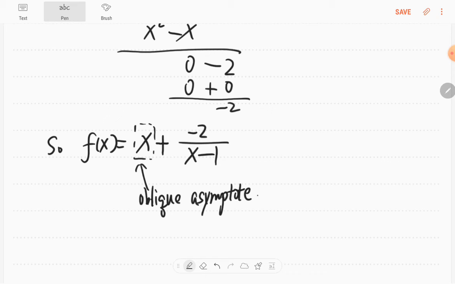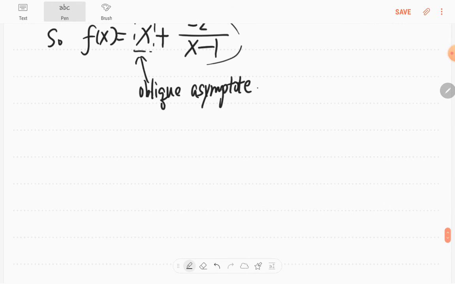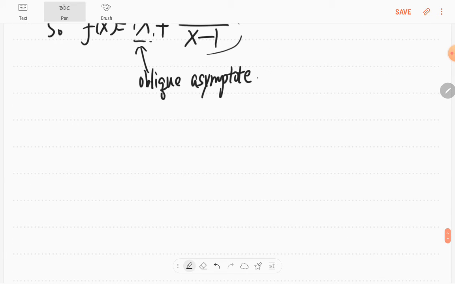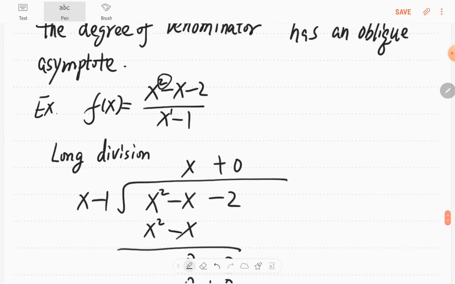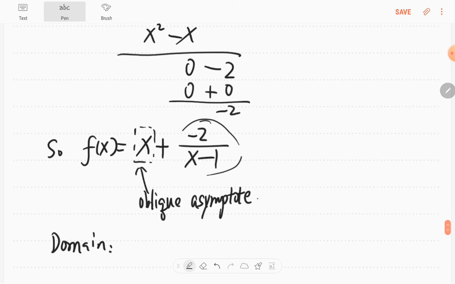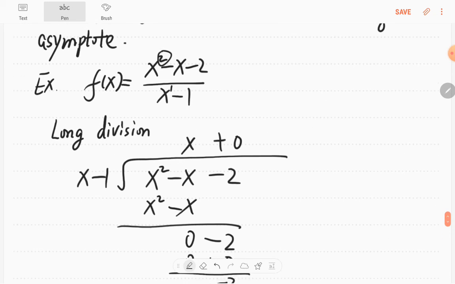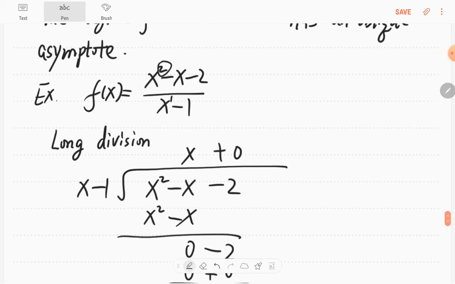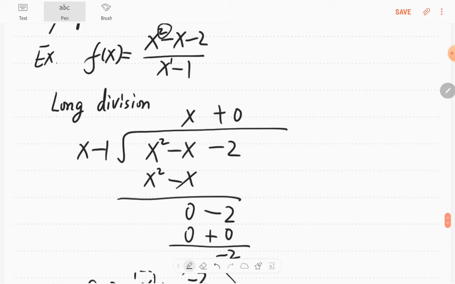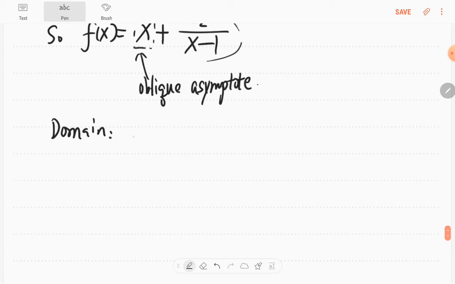It means when x is very large or very small, this remainder part will approach 0, so it only approaches x. Our domain: we still need to look at the domain. The denominator cannot be 0, so x is not equal to 1.